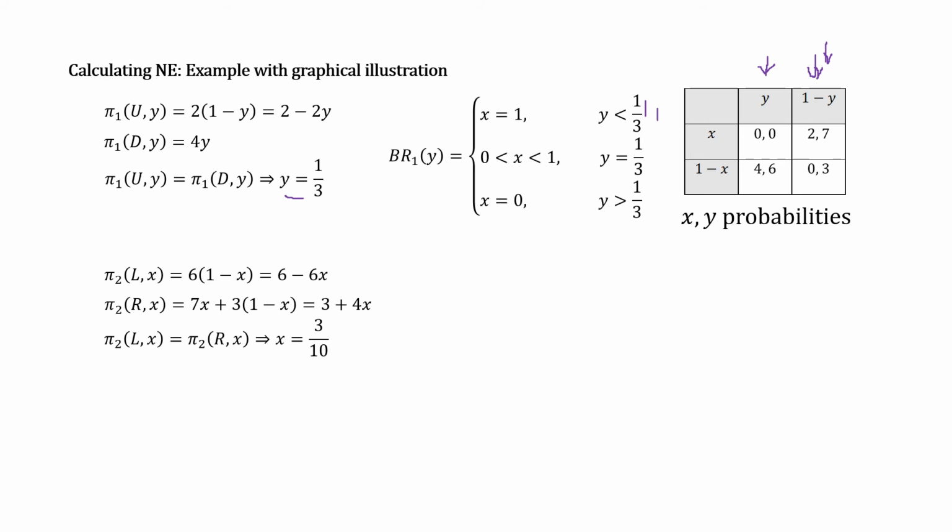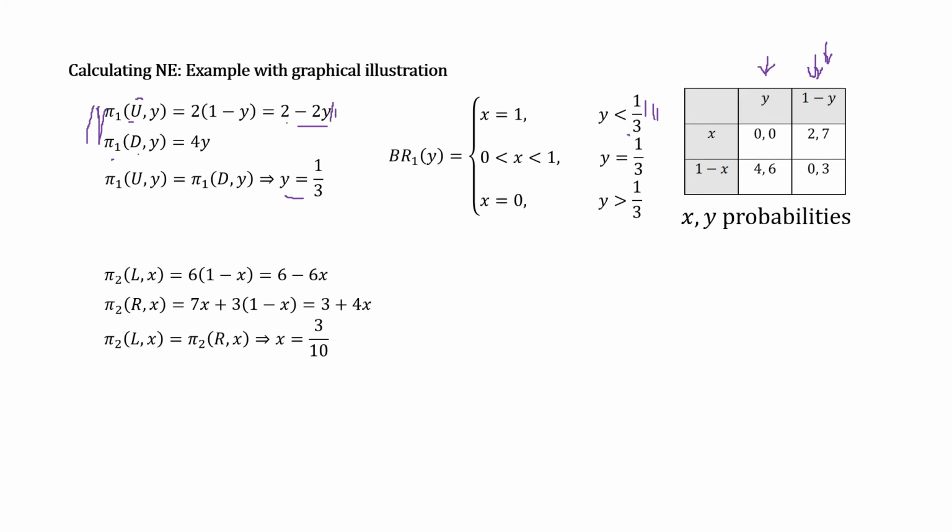So what happens then? When y is less than 1/3, the payoff of agent 1 for playing up, which is 2 minus 2y, is more than the payoff when playing down. Therefore, the best response of agent 1 is to play the one of these two which has the higher payoff, which is up.